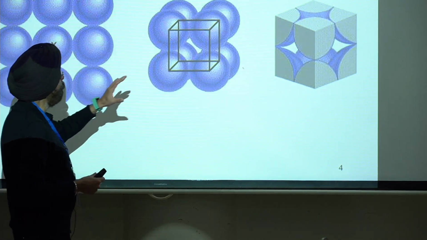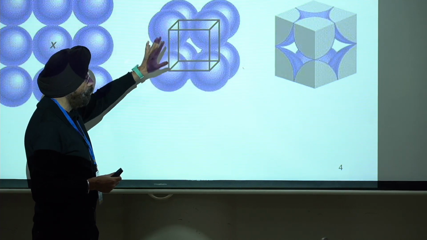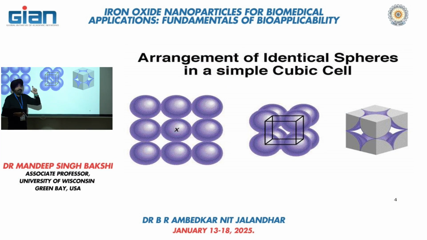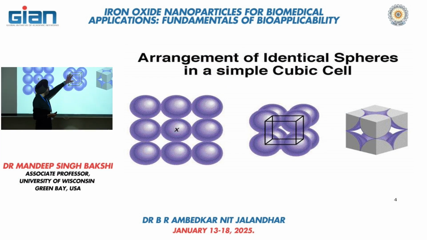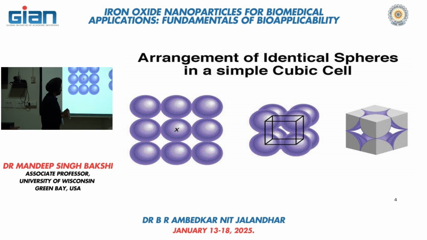Now, if you pick only 8 atoms, because it is repeating in three dimensions exactly in the same way, we are picking the smallest repeating unit. The smallest repeating unit is the eight atoms among any adjoining layers, along the x-axis, y-axis, and z-axis.